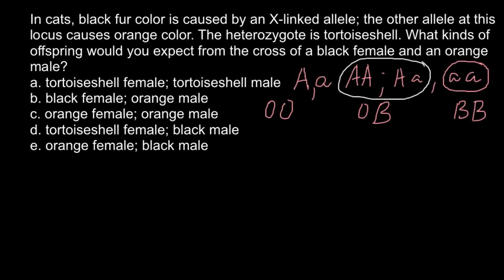I don't use capital and small, or dominant and recessive, because here we have three genotypes and three phenotypes. The first would be orange, genotype OO. The second one would be tortoiseshell. And the last one would be black.